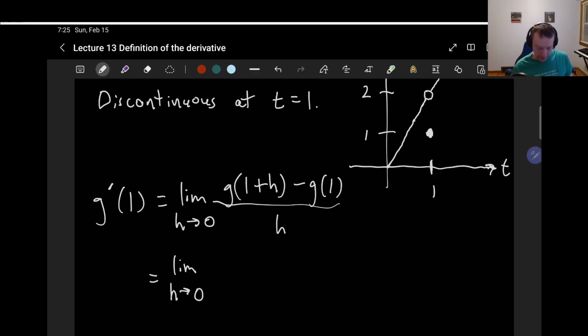All right, plugging 1 plus h into the function. It's important to note that when we say h approaches 0, we're saying that we're getting very, very close to 0 without ever quite reaching it. It's like an asymptote, if you will.